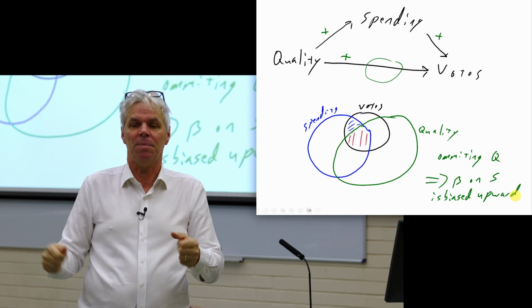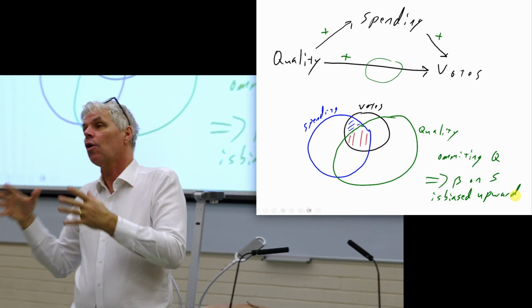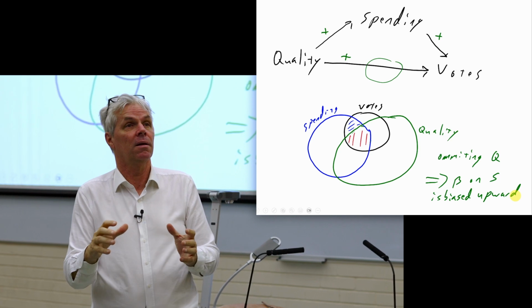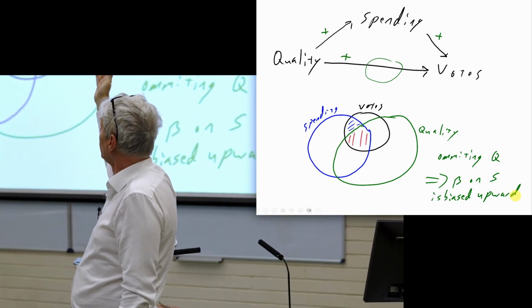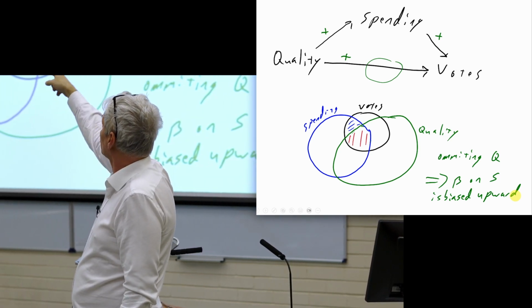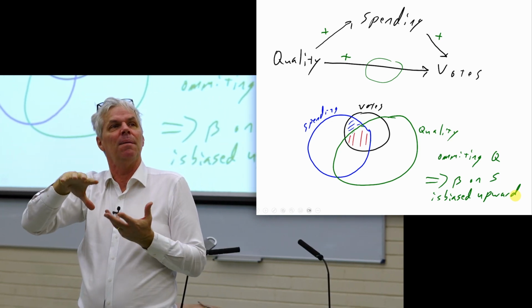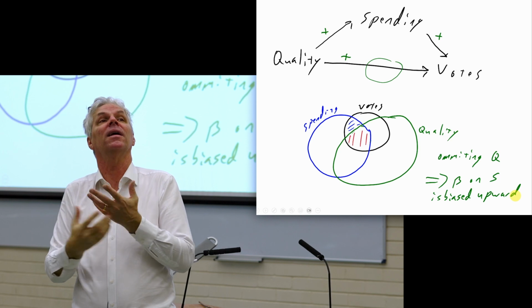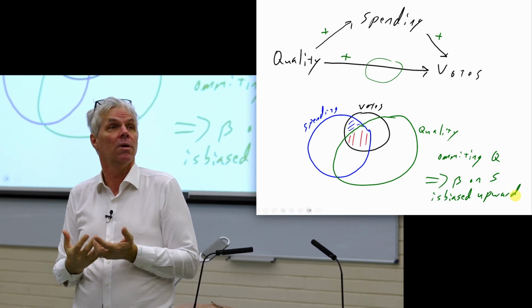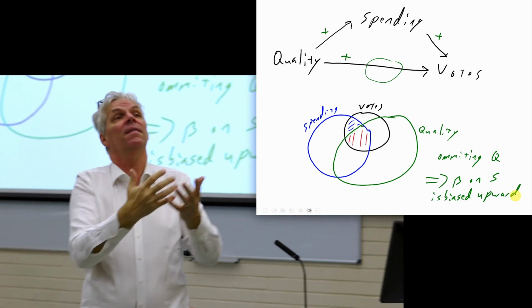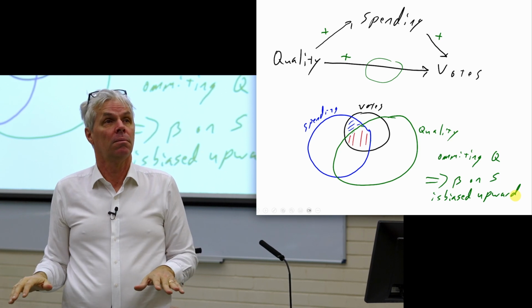Made them able to speak and walk and talk, and so quality totally came from spending, then this wouldn't be a problem at all, right? Because it would be spending leads to quality, leads to votes, and we'd be omitting the intermediate step. But who cares? The mechanism by which it works isn't what we're looking for. So if it was all that and nothing else, we'd have no problem. Okay. Yeah.